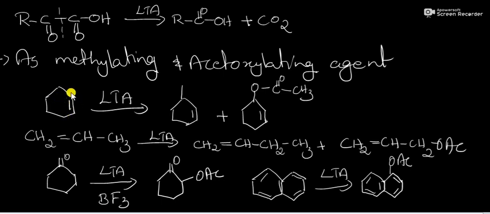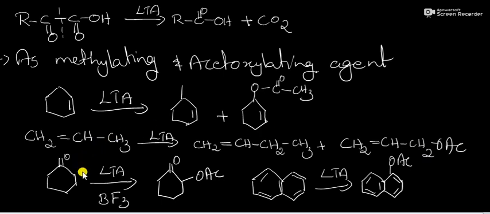This is an allylic position. When it is oxidized with LTA, we get two different products. One is the methylating product, another is the acetoxylating product. And again, this is an allylic position. We get two different products on LTA oxidation. Here LTA acts as a methylating agent and here LTA acts as an acetoxylating agent.